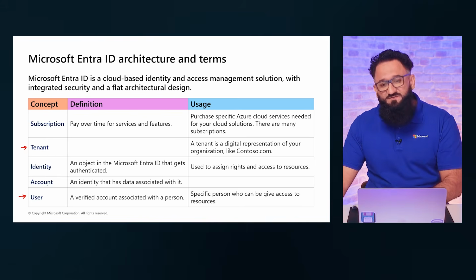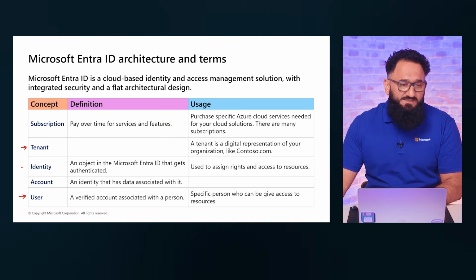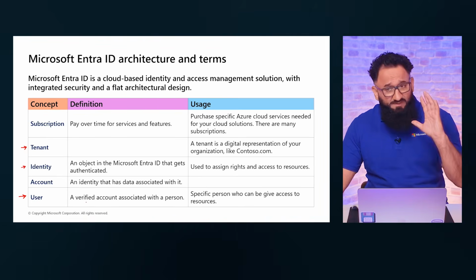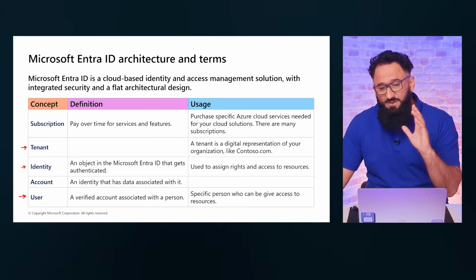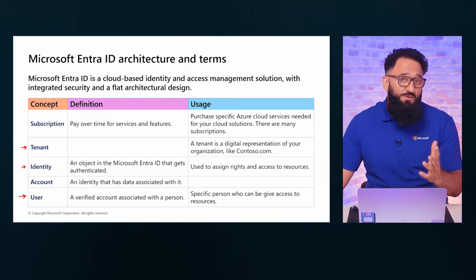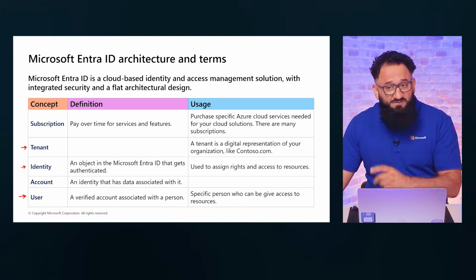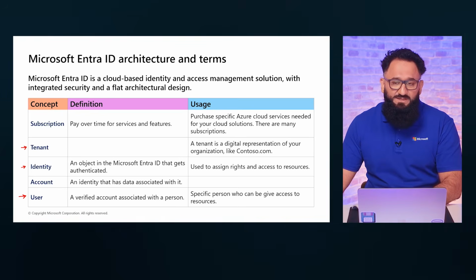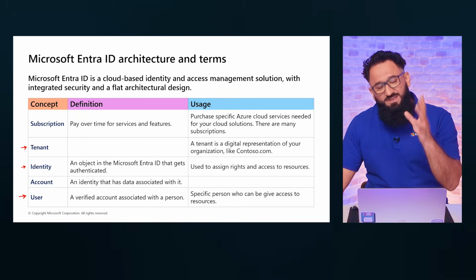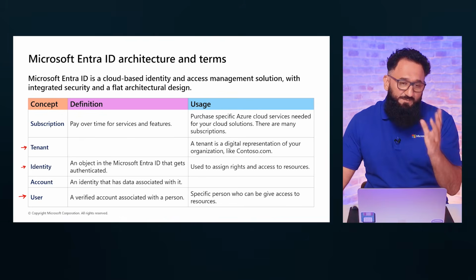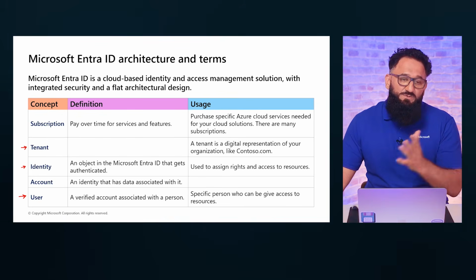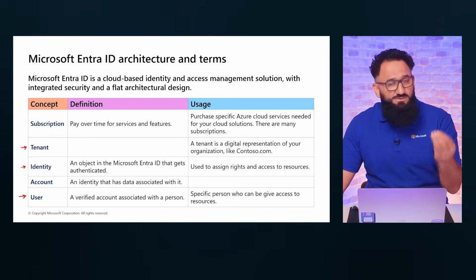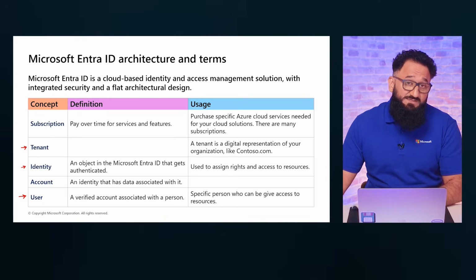There are a couple of other definitions on the screen, things like identity, nothing more than a resource that identifies you in one way or the other. We'll talk about different methods that we can assign to resources so they can then be validated based on those details. And this could be assigned to a user, to a service, and devices as well. So we'll talk about some more details around that.